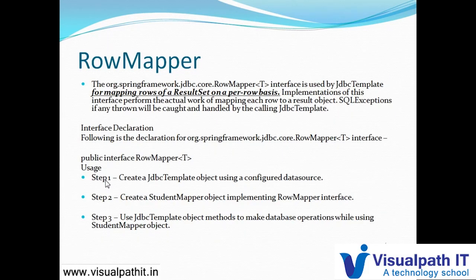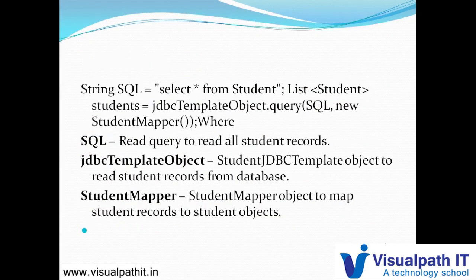Next, how exactly is the declaration done? First step is creating a JDBC template object using a configured data source, as we already saw in some code snippets. Next is creating a student mapper object implementing the row mapper interface. Third is using the JDBC template object methods to make the database operations while using the student mapper object. So we can see here, first is String SQL equals select star from student, to list all the students.